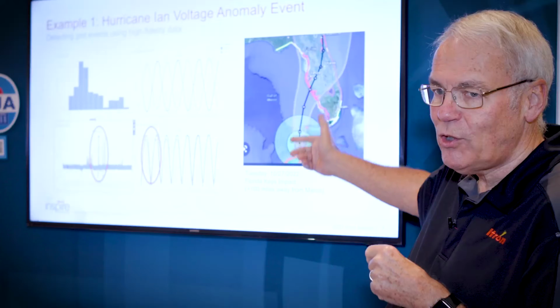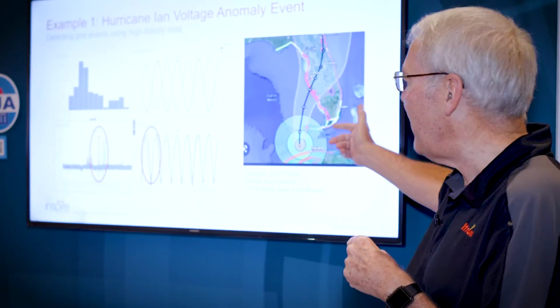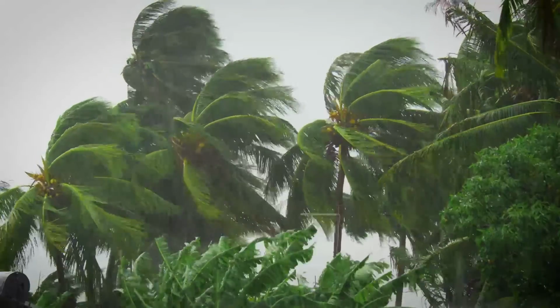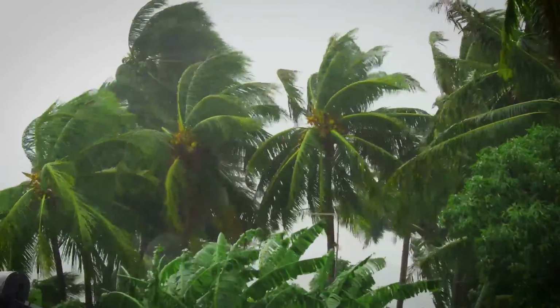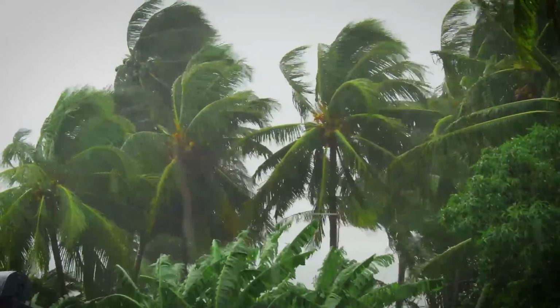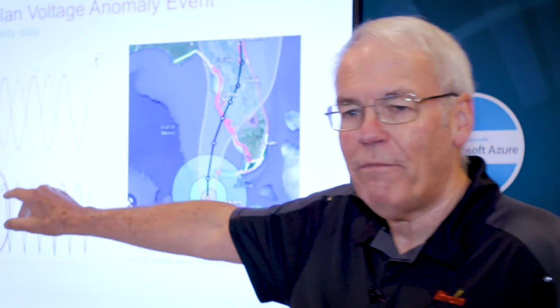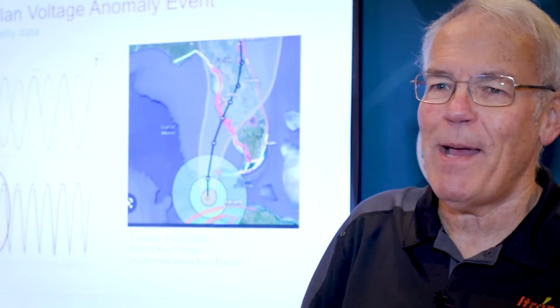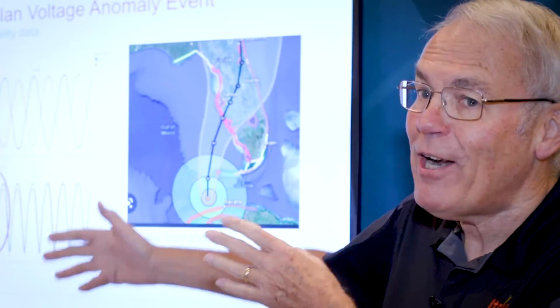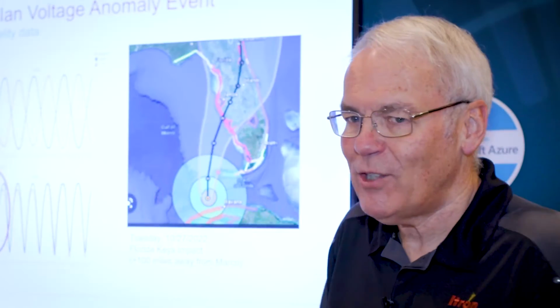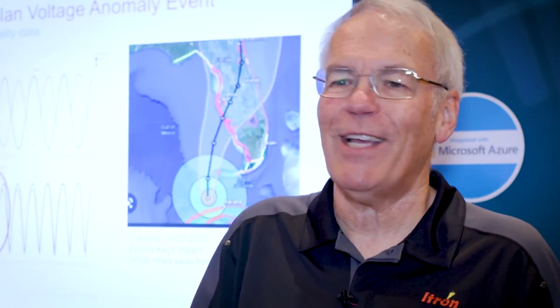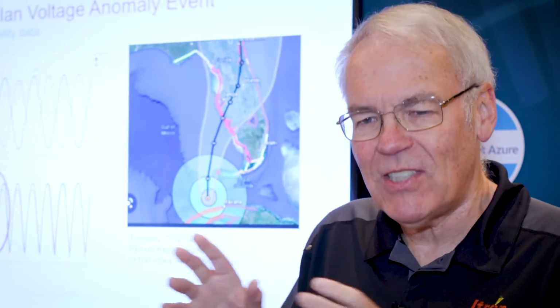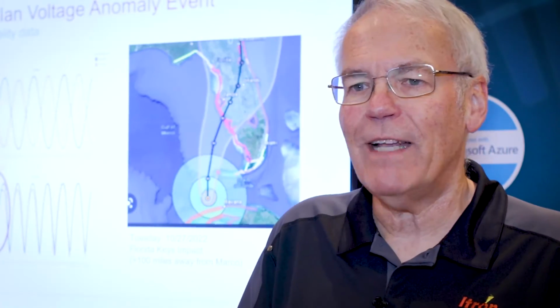Hurricane Ian was just coming into the Gulf region and affecting about 100 miles away, but it had such an impact on the Florida Power and Light grid that we detected anomalies in the waveform 100 miles away in the grid. And so this is an example of real-world capturing of events and showing the utility. Now, they already knew they had a problem. So in this case, it wasn't important that we rush out because they already knew they had a problem, but it showed how sensitive we are and the ability to capture miles away events that occur on the grid.